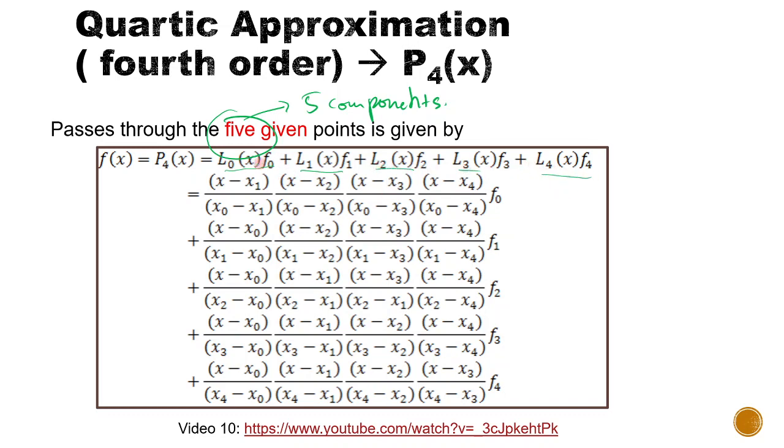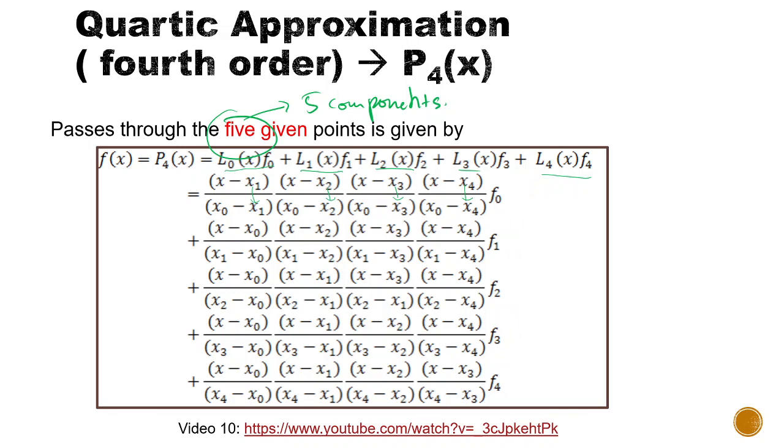So 0 to 4 is 5. You can see at the first component, the value is x minus x1 times x minus x2 times x minus x3 times x minus x4. So there is no x0 here, so f0 is next to it, times f0. And at the bottom it starts with x0 minus x1, x0 minus x2, x0 minus x3, x0 minus x4. Sometimes we forget what to subtract. So it is the same for the rest. We have 5 components, and for each component the top part excludes the value of that component's number.